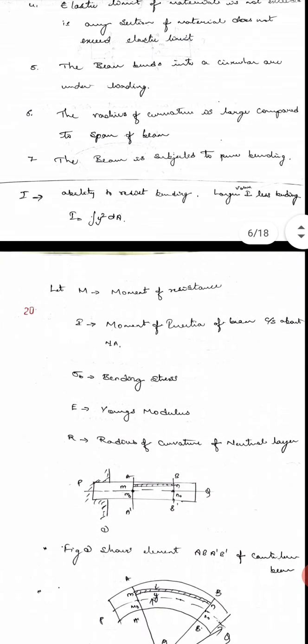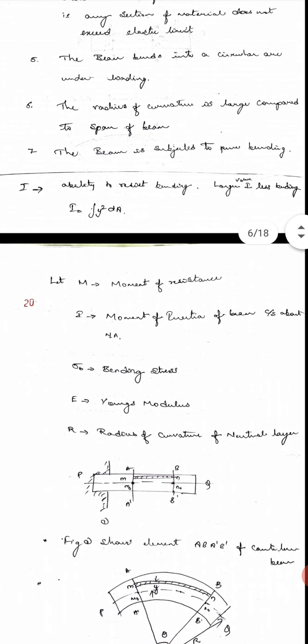Let M be the moment of resistance, that is, simply the bending moment. I is the moment of inertia of the beam cross section about the neutral axis. Sigma b is the bending stress. E is Young's modulus. R is the radius of curvature of the neutral layer.